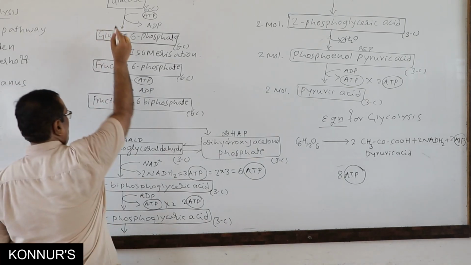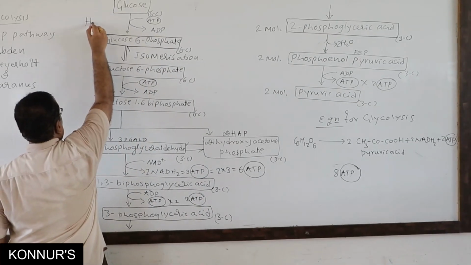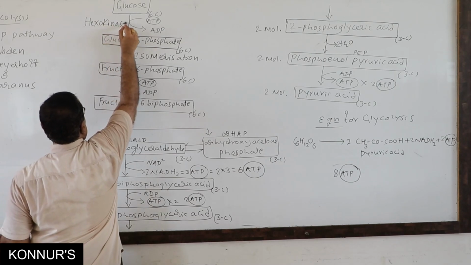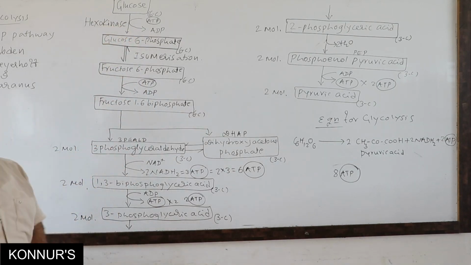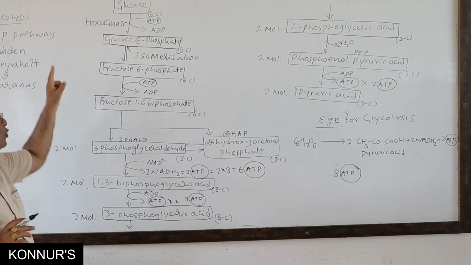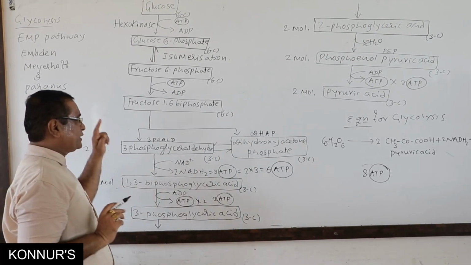Glucose becomes glucose 6-phosphate in the presence of hexokinase. Glucose is a 6-carbon compound, and as ATP is used, the enzyme is hexokinase.